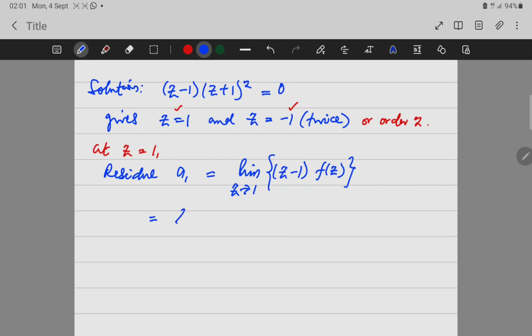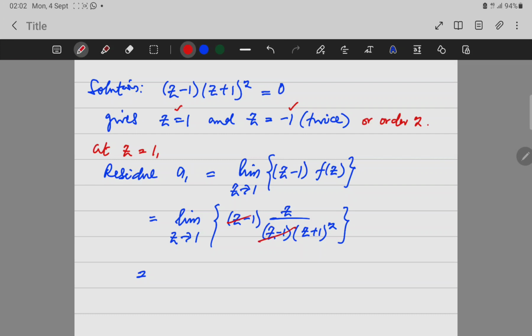That will be the limit as z goes to 1 of (z minus 1) into z over (z minus 1) into (z plus 1) raised to power 2. And this one cancels. So we now have the limit as z goes to 1 of z by (z plus 1), everything raised to power 2.